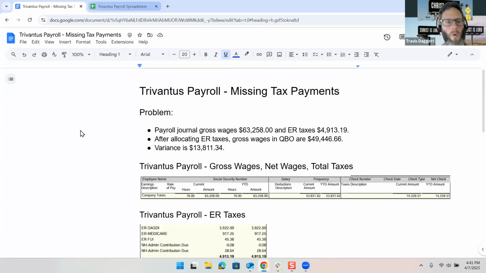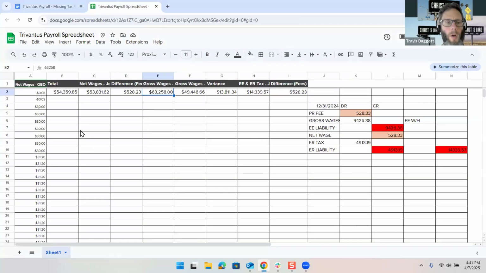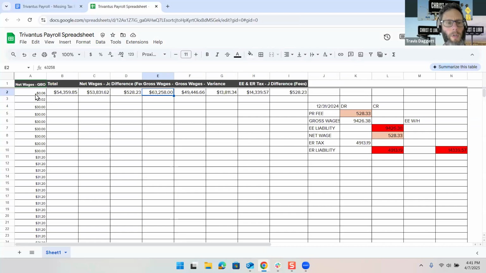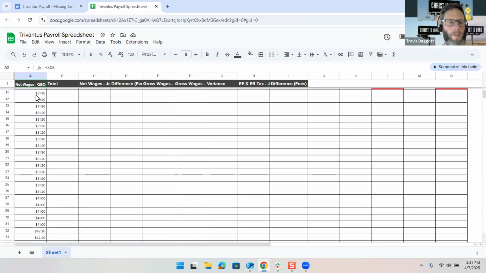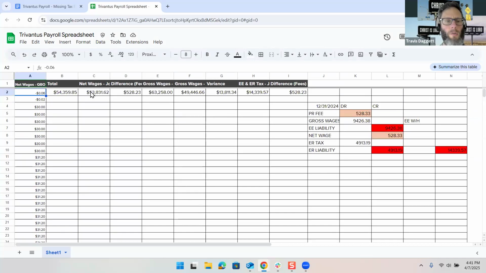So this is a good starting point for problem solving: exporting your net paychecks, comparing that to the journal. That'll allow you to identify fees included if they're not taking those out separately. And a lot of times you won't see those on the report.